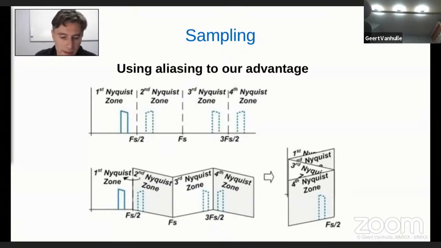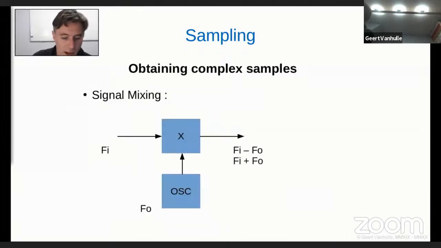So now we have said something about the sampling of high frequencies, but we still need to address how to obtain complex samples. For that, we start with ordinary mixing. In ordinary signal mixing, we have an incoming signal going into a mixing stage, and this mixing stage receives a signal from a local oscillator.